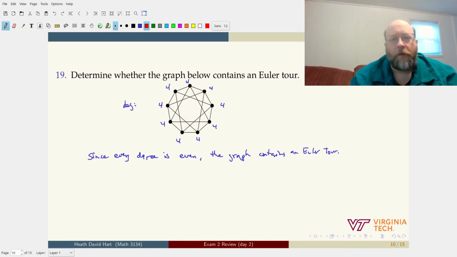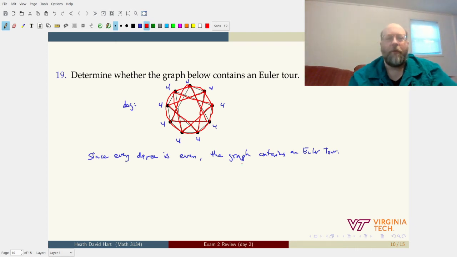So start from this vertex, go around the triangle first, then go up to the next vertex, hit that triangle, then up to the next vertex, hit that triangle, and now all of the triangles have been covered, and then we'll just finish going around the circle that way. Okay? So that would be an Euler tour.